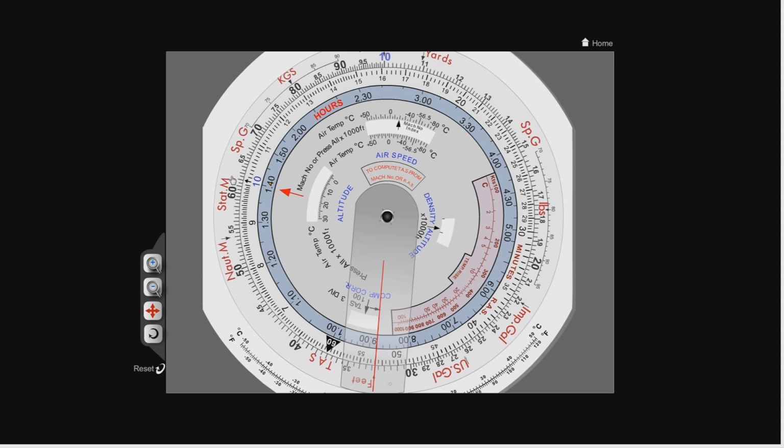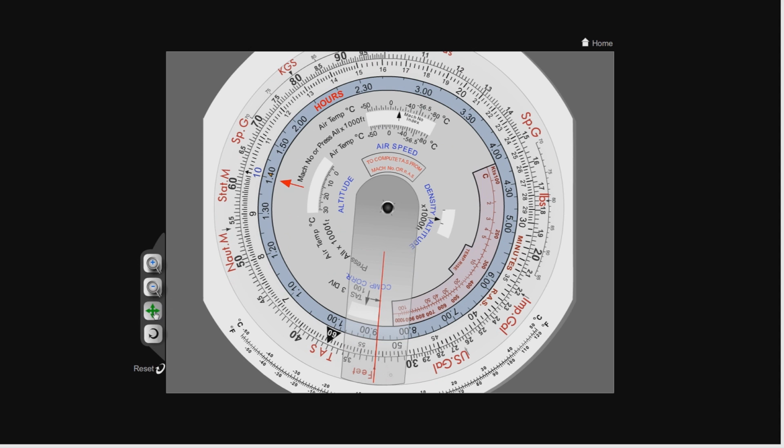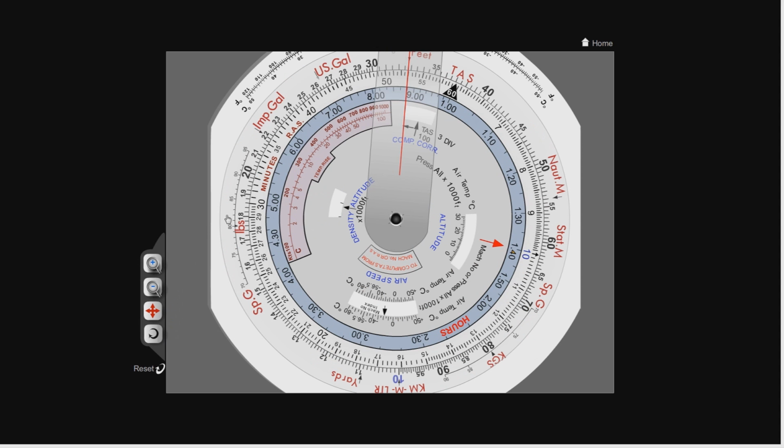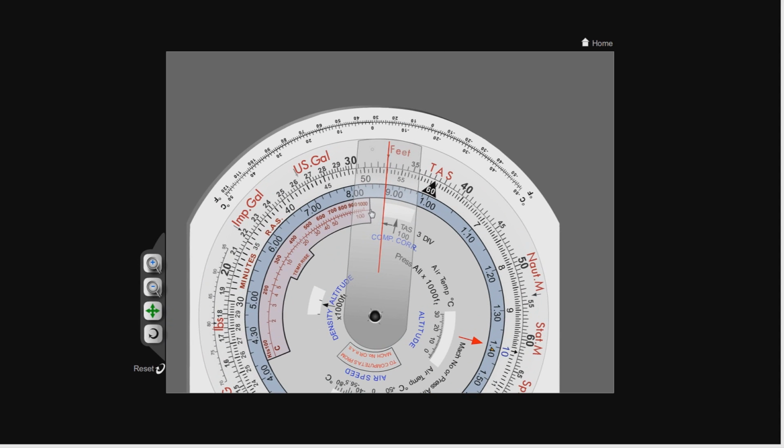It should be pointing just to the right of this M. So if I put the 1 where the statute miles mark is, and again all I have to do is look for feet, that's going to be down the bottom somewhere, and I can see here under feet that 1 statute mile is equal to 5,152... Now I know from calculations that there are 5,280 feet in a statute mile.